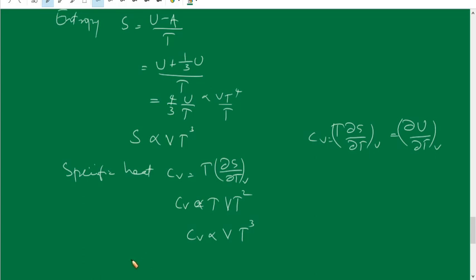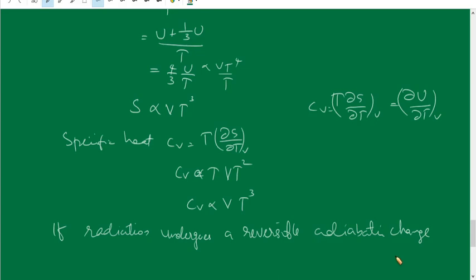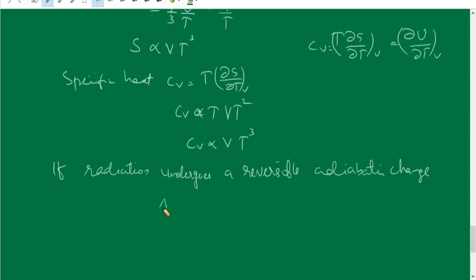So if the radiation undergoes a reversible adiabatic process, or adiabatic change, for a reversible adiabatic change, delta S is equal to 0.